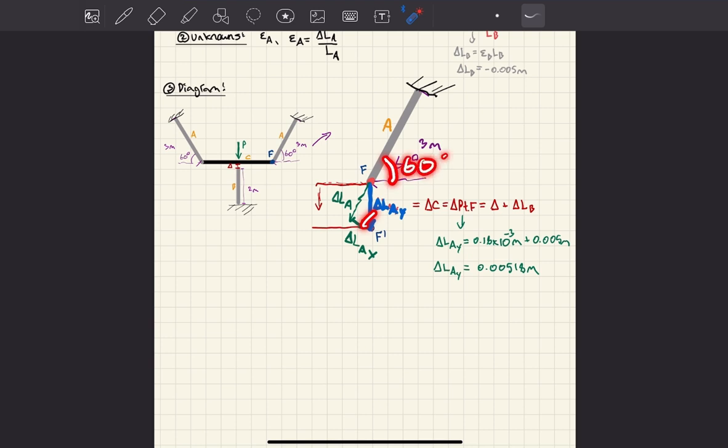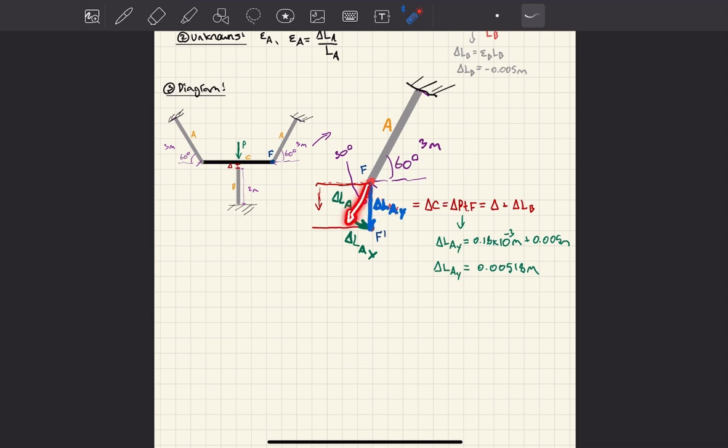This is 60 degrees, this is 90, this is 30, because this is a straight line. The straight line is equal to 180 degrees. If you subtract 60 and you subtract 90, you are left with 30. So we know this angle right here is equal to 30 degrees.